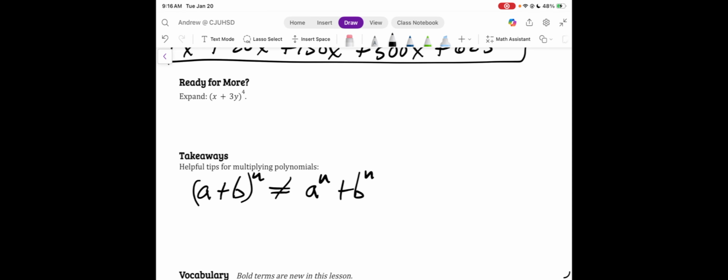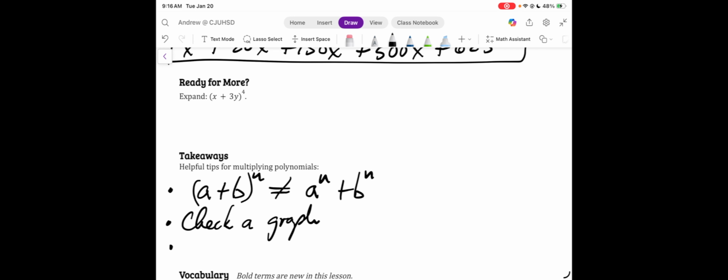So there's a lot of middle things that are supposed to be happening there. You can always check with a graph. That's helpful.